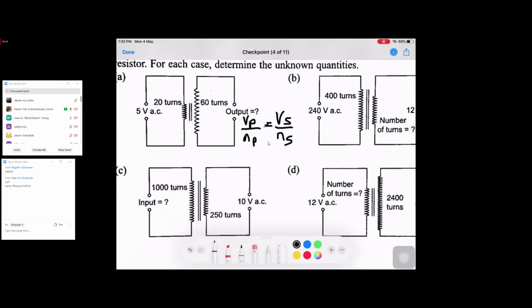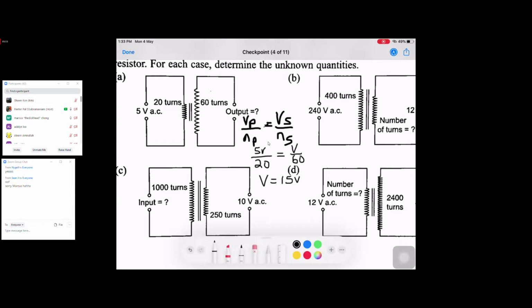Primary voltage 5 volt, number of turns is 20. Secondary voltage, we do not know, number of turns is 60. So the secondary voltage automatically will be 15 volt.